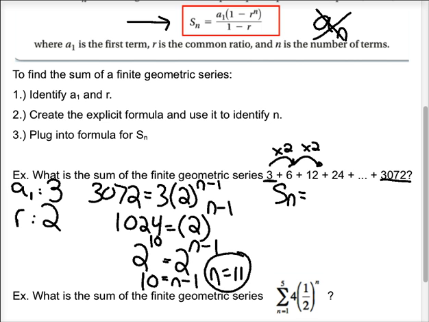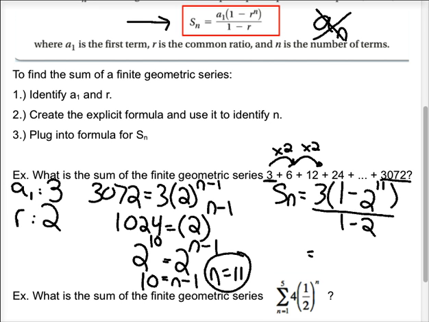So A1, which is 3, times 1 minus r to the n. So 2 to the 11 over 1 minus r. So over 1 minus 2. All right, so we need to type that into the calculator really, really carefully.